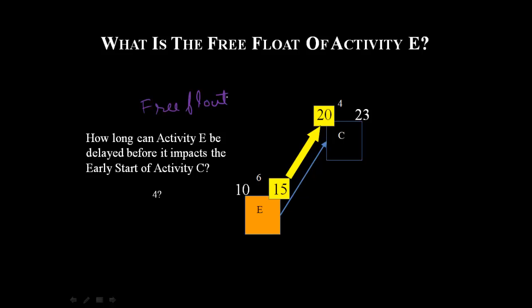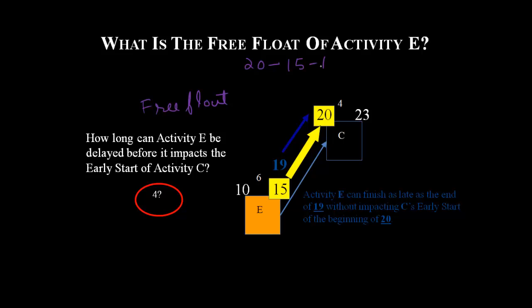Is it 4, 20 minus 15 plus 1? Sorry, 20 minus 15 minus 1 in this case. So always remember how free float is calculated. So first of all, we need to find out on which particular activity it is focusing.